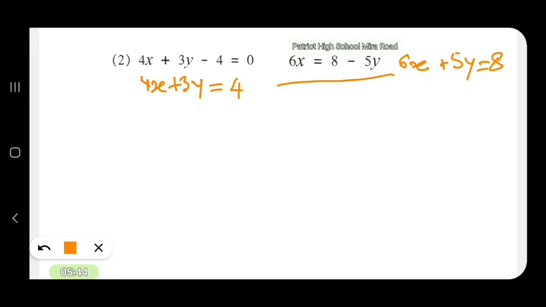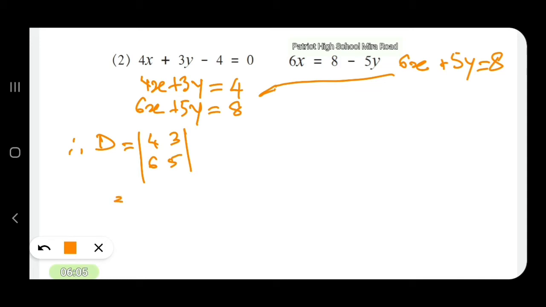Bringing this down over here, we have 6x plus 5y is equal to 8. The determinant D will be the first two columns 4, 3, 6, 5. Calculating it, we have 20 minus 18. 4 5s are 20 and 6 3s are 18. So the value of D is 2.